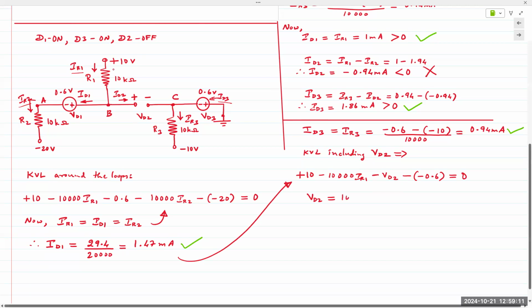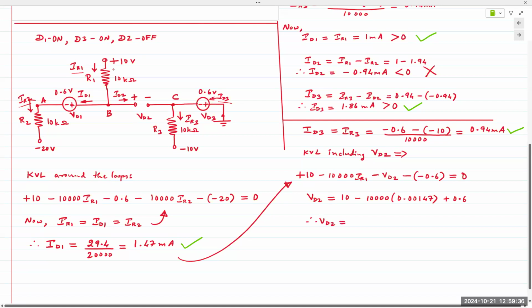This is 10 minus 10,000, and IR1 in this case is 1.47 milliamps, so 0.00147, plus 0.6.